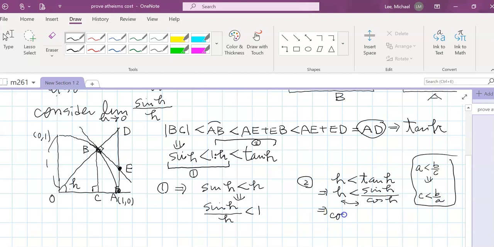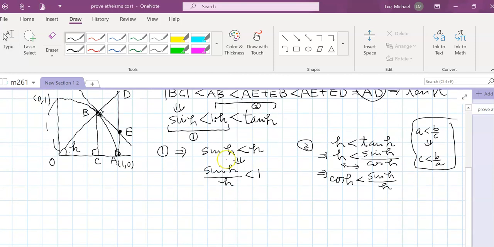So cosine of h is less than sine h over h. So sine h over h is less than 1, but greater than cosine of h. So we put them together: sine h over h is less than 1, but bigger than cosine of h.